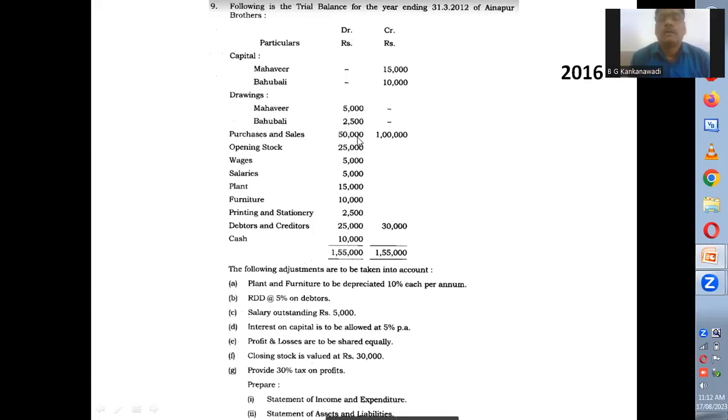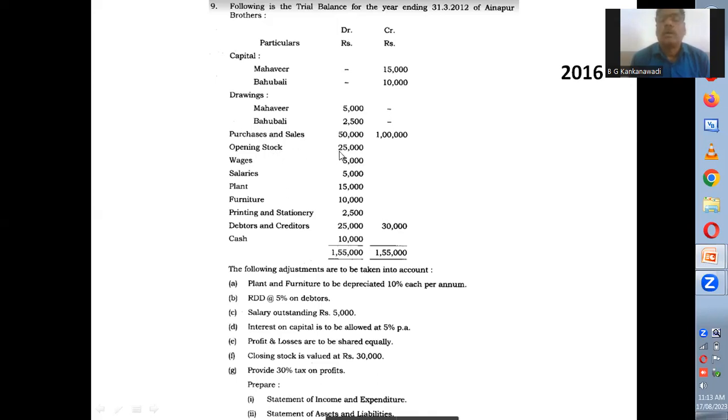Purchase and sales go to the income and expenditure statement. Purchase comes under the purchase head and sales comes under the turnover head.